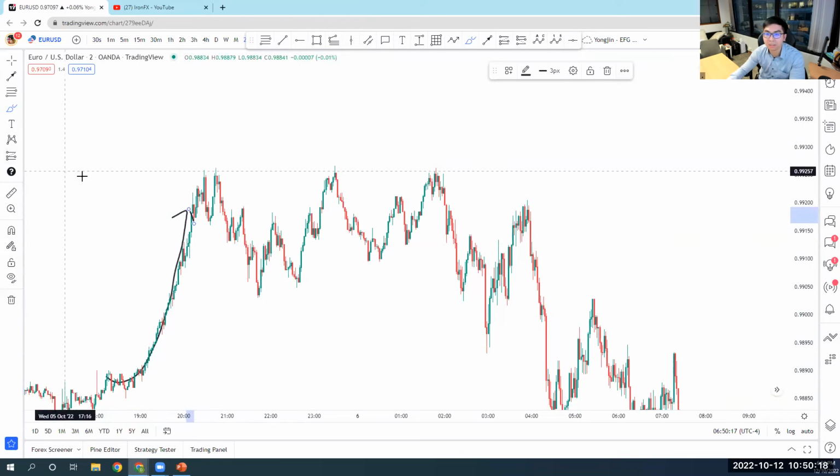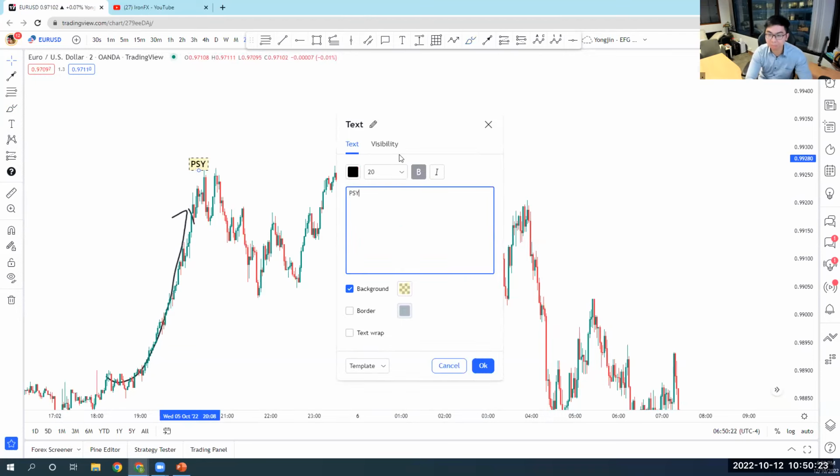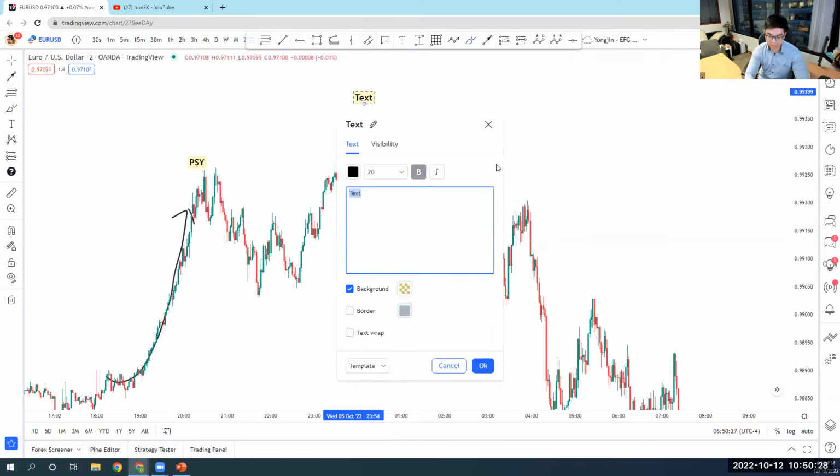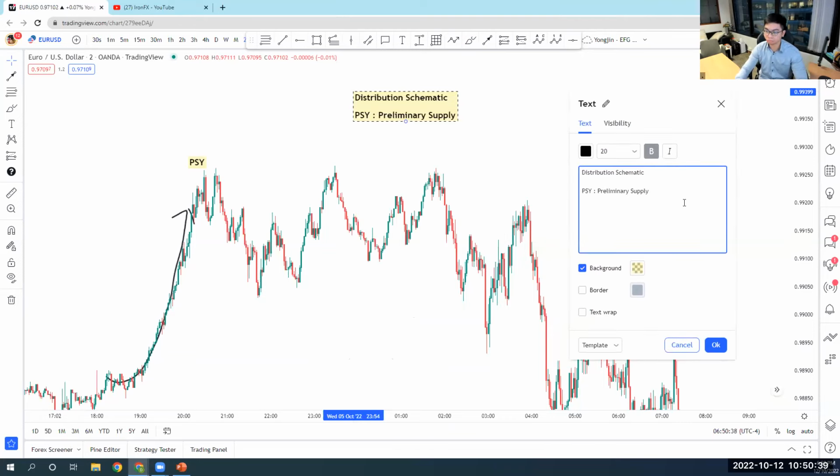After the markup phase, we have the preliminary supply, PSY. Wait, sorry, before we start, let me type out distribution schematic, PSY, preliminary supply. I'll put it to the side. PSY, BC, buying climax, AR, automatic reaction, ST, secondary test.